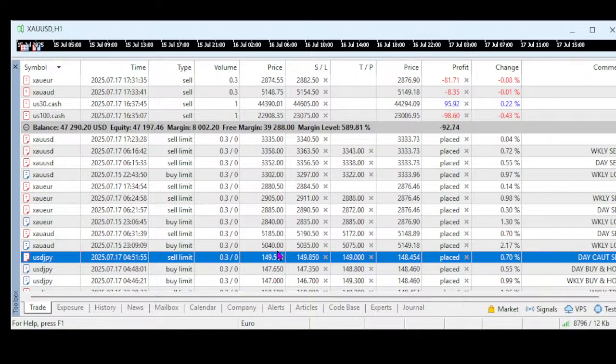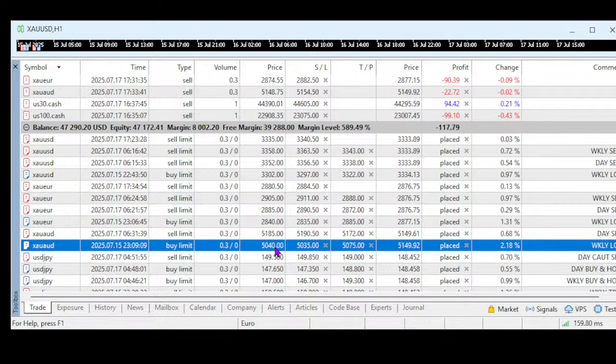Then the gold, this is going to be our final attempt. We are selling this Aussie gold. I think we have 54 half as the stop.